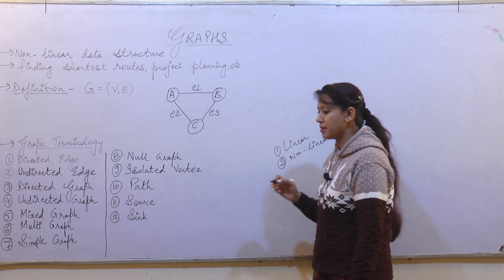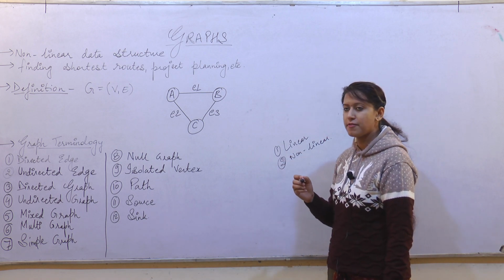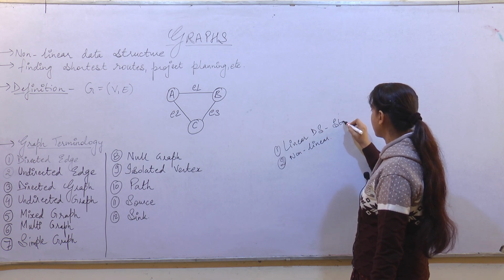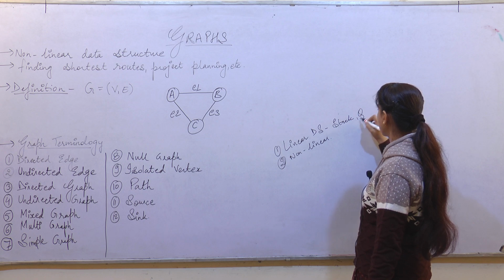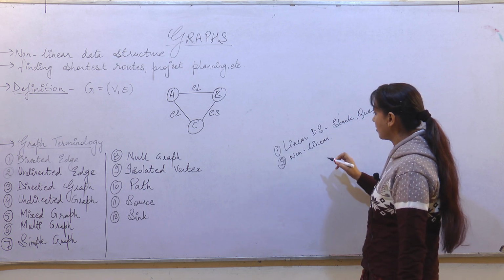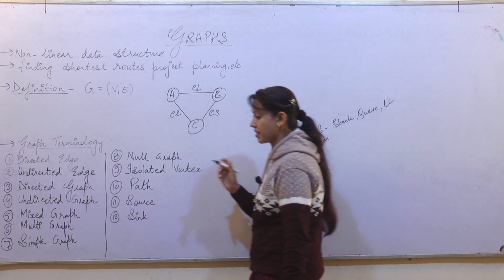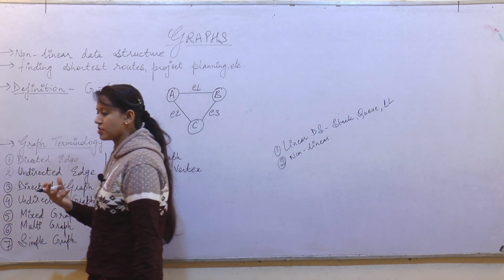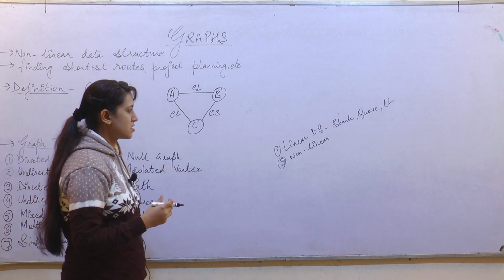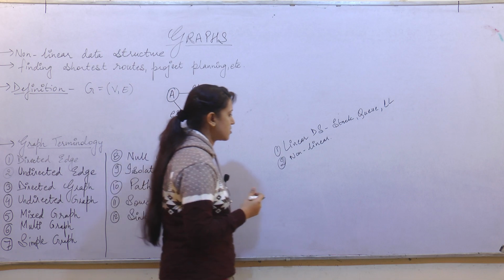So the examples of linear data structures are stack, queue and linked list. The basic introductions, operations and various types of linear data structures we have studied in our earlier lectures.